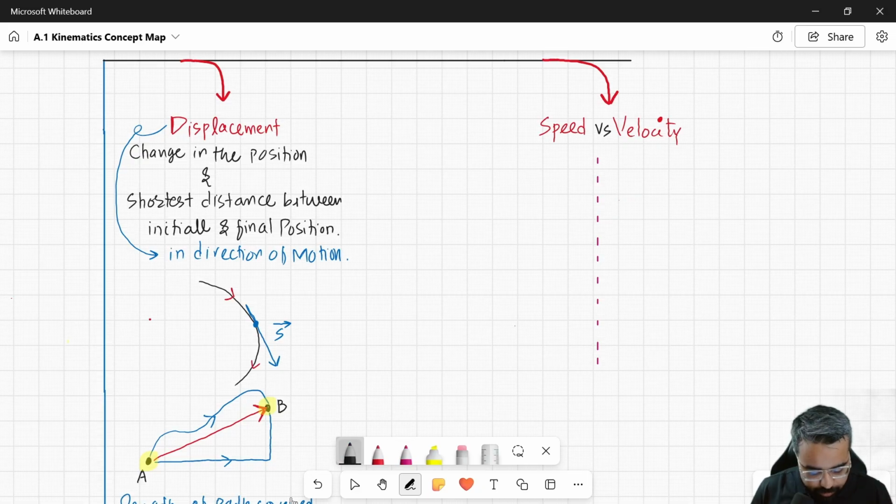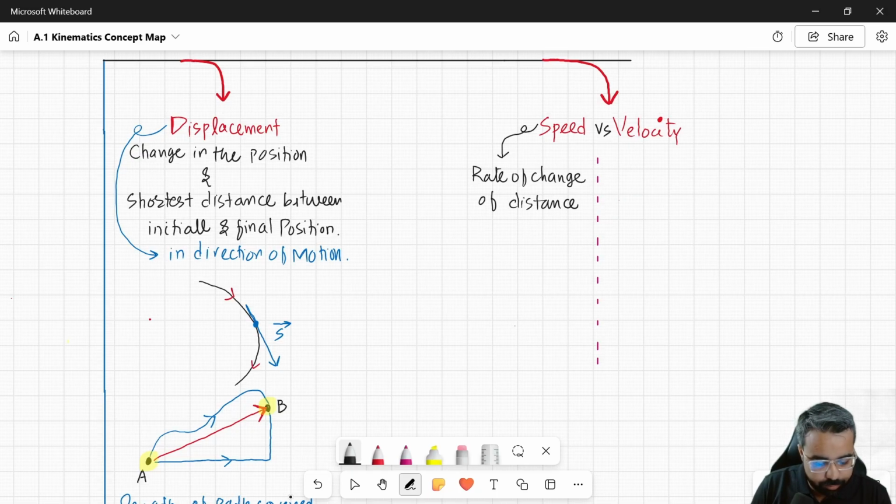So speed is in fact the rate of change of distance, and remember that it is a scalar quantity. So rate of change of distance tells us how fast an object is covering distance, how many meters of distance it is covering per unit time.